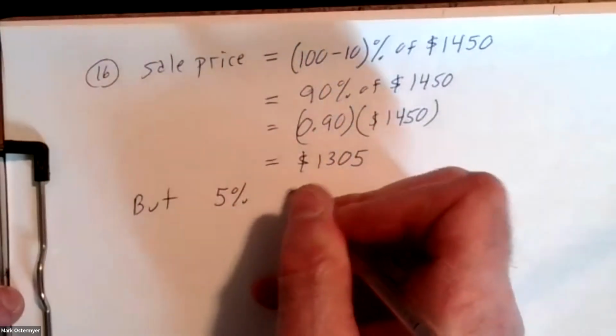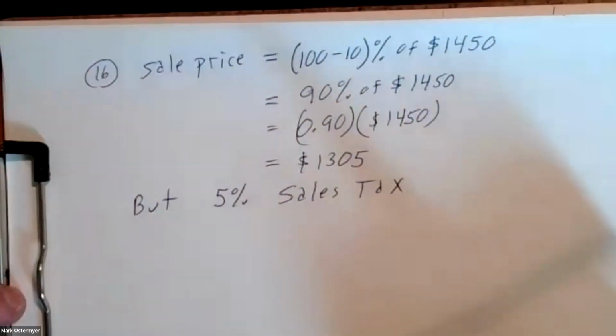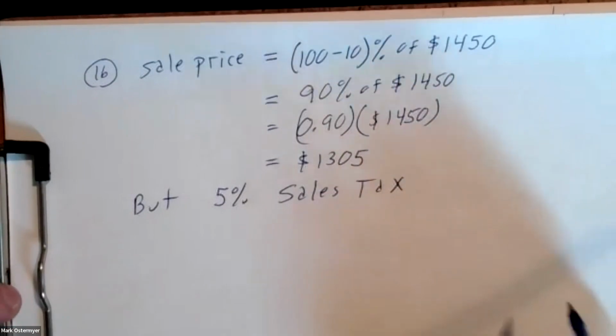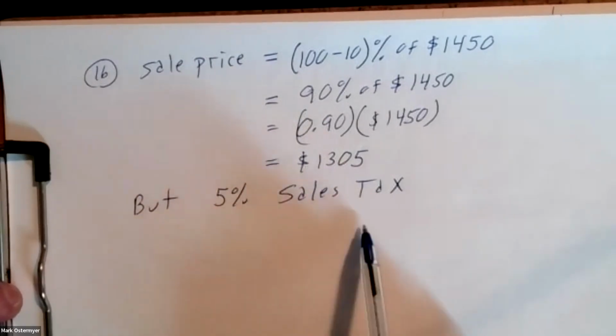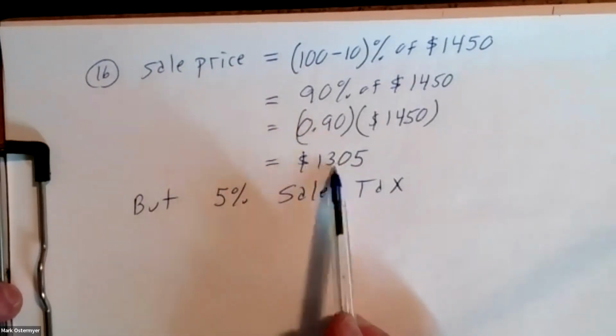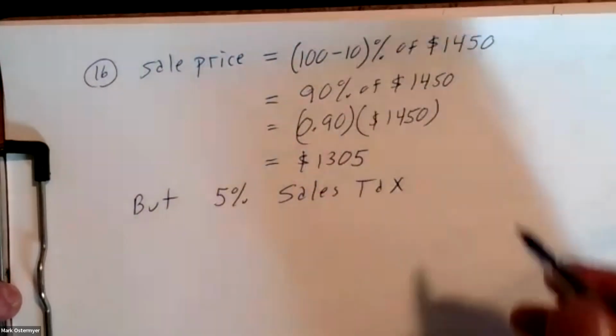But, ladies and gentlemen, we also have a 5% sales tax. Isn't that true? Now, is this sales tax going to be added on or subtracted off from our sale price? Is this 5% sales tax going to be added on or taken away from our sale price before we go up to the register?